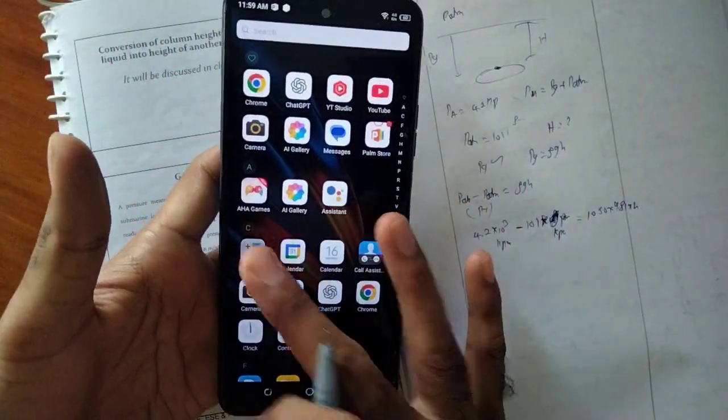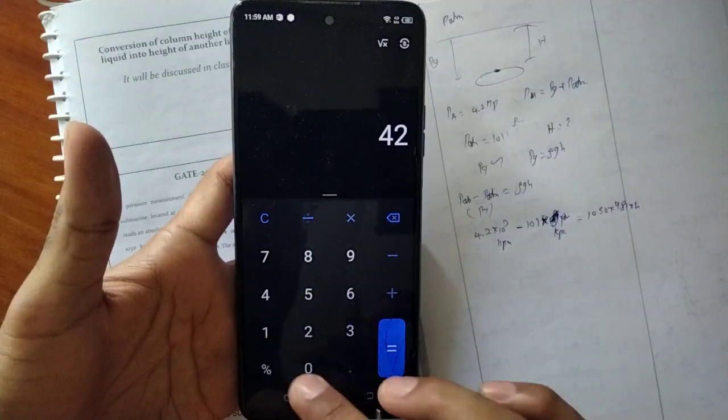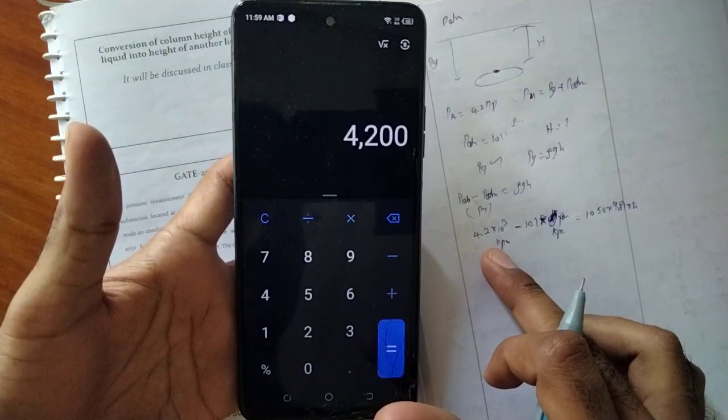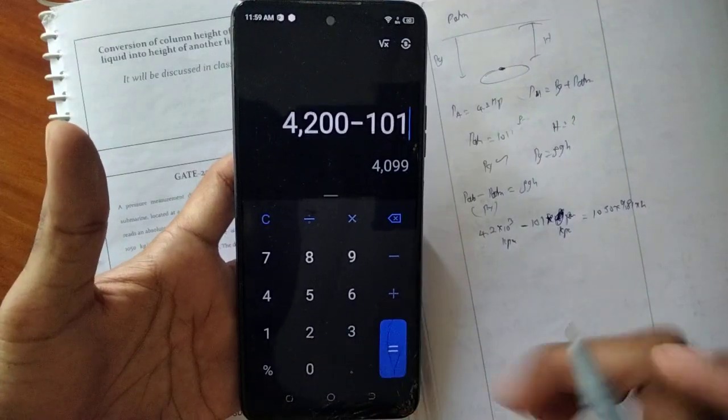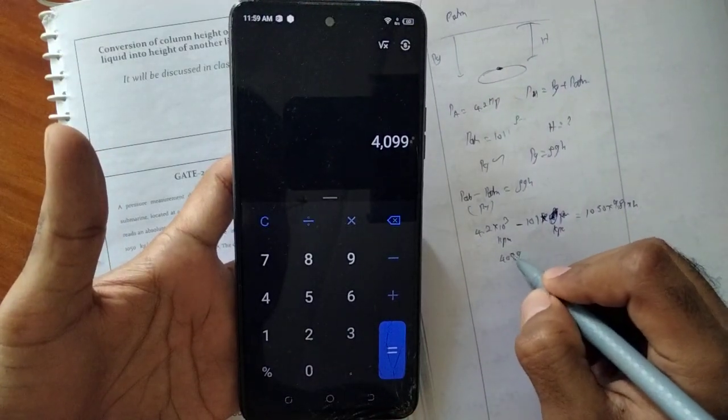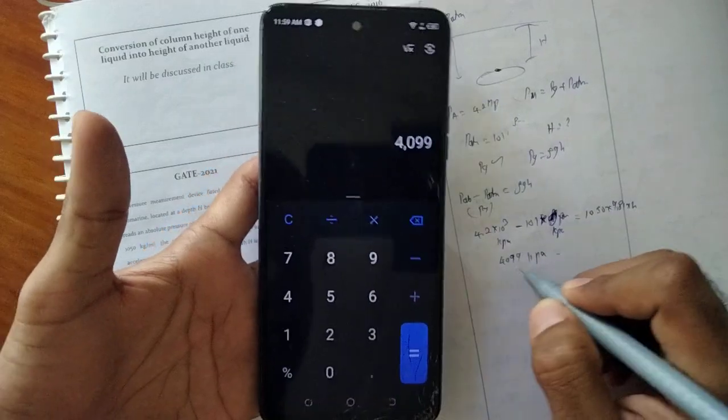What is the value of it? Just make a quick calculation. This one is 4200 minus 101, which is 4099 kilopascal, divided by 1050 into 9.81.